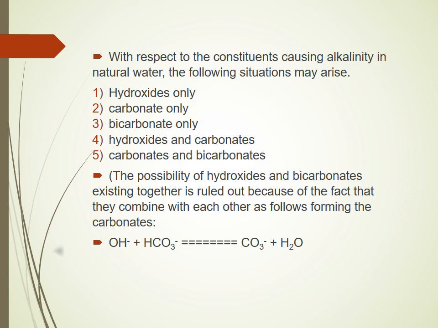We will discuss caustic embrittlement in detail in a later topic. Then again, highly alkaline water causes the deposition of precipitate and sludge in the boiler tubes or metal pipes. So these are some of the effects of highly alkaline water.